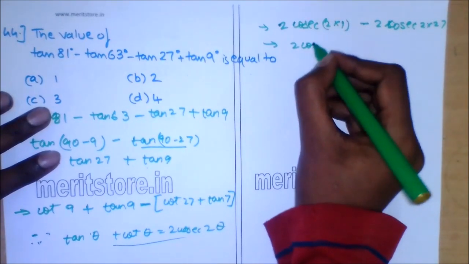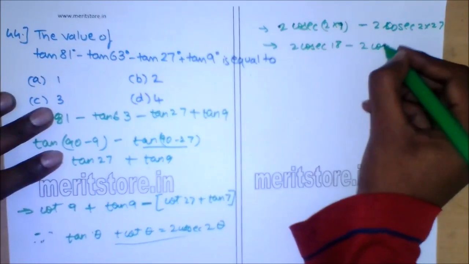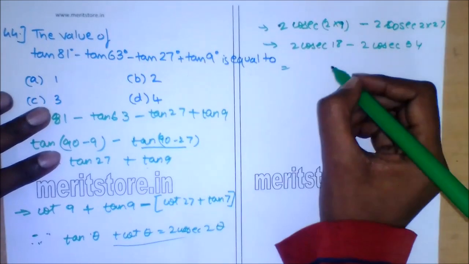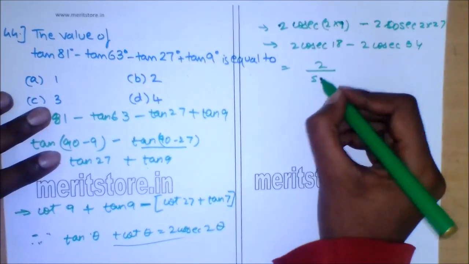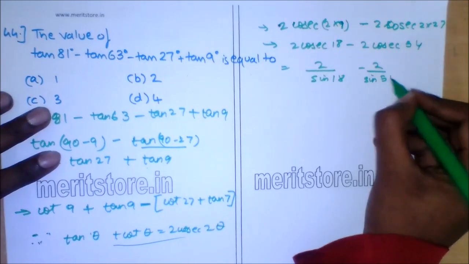That is 2 cosec 18 minus 2 cosec 54. Cosec is 1 upon sine. So we get 2 upon sine 18 minus 2 upon sine 54.